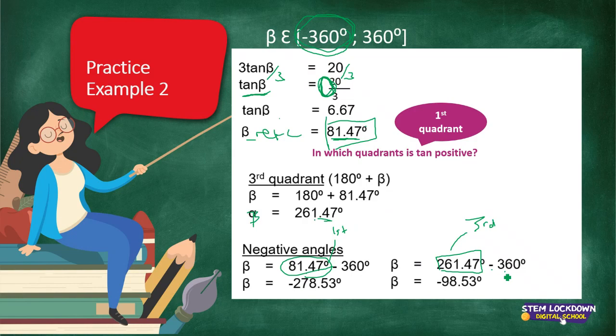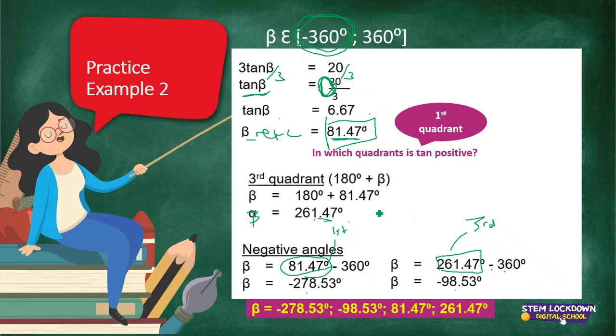So this is practice example number 2. Our final answer says that beta is equal to minus 278.53, minus 98.53, 81.47, and 261.47 degrees.